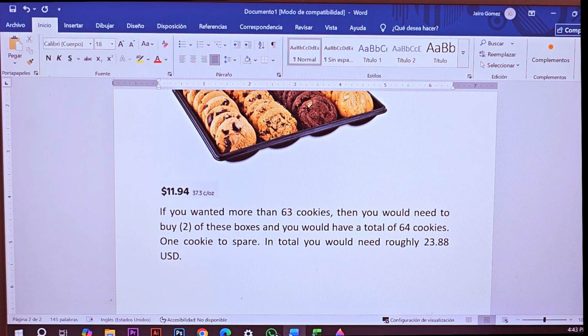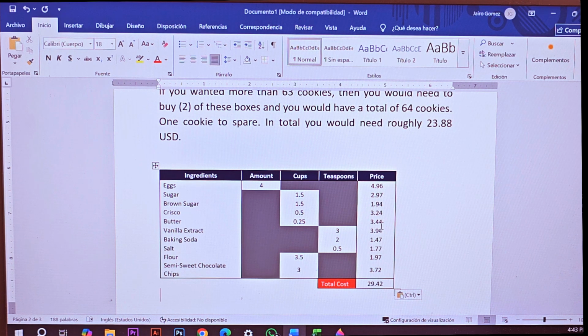Now you decide to go online and you find a recipe online. And you also look at the same grocery store to see how much it would cost to actually make those cookies at home. So you found this recipe where you needed 4 eggs, 1.5 cups of white sugar, brown sugar, half a cup of Crisco, a 1/4 cup of butter, 3 teaspoons of vanilla extract, 2 teaspoons of baking soda, half a teaspoon of salt, 3.5 cups of flour, and 3 cups of semi-sweet chocolate.